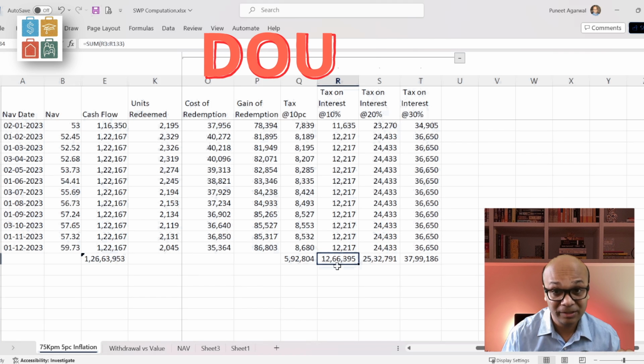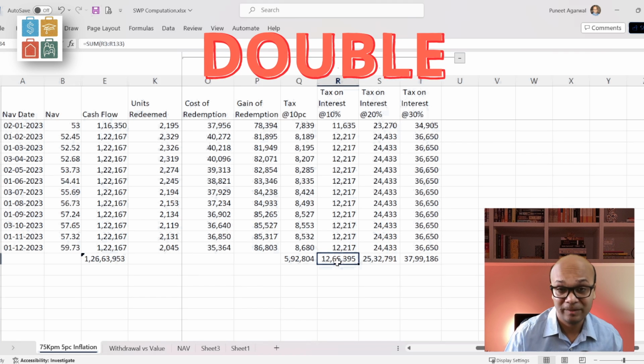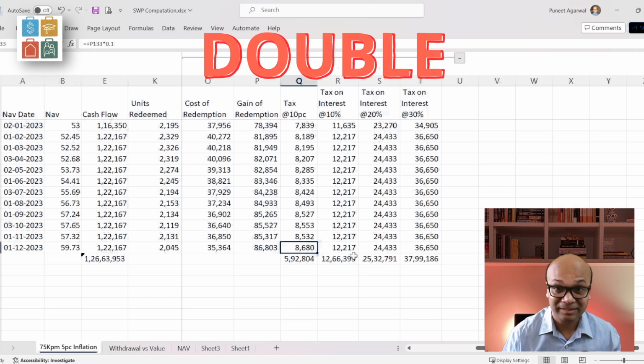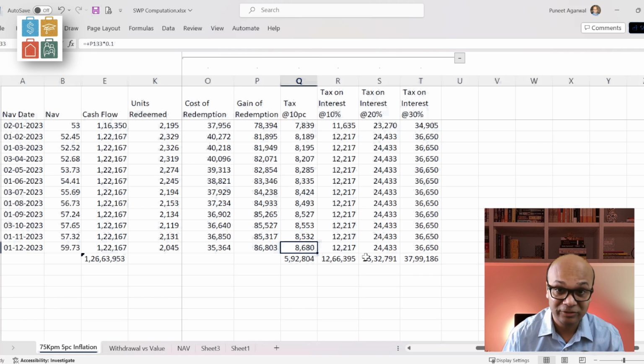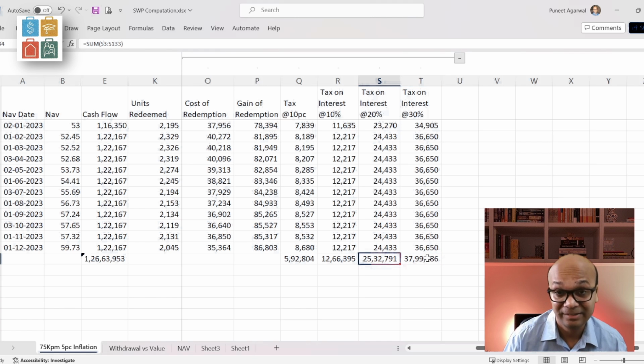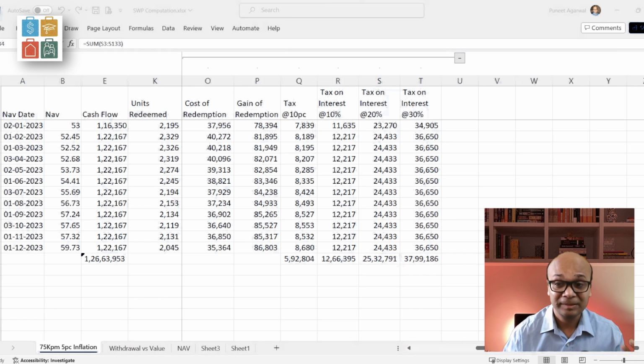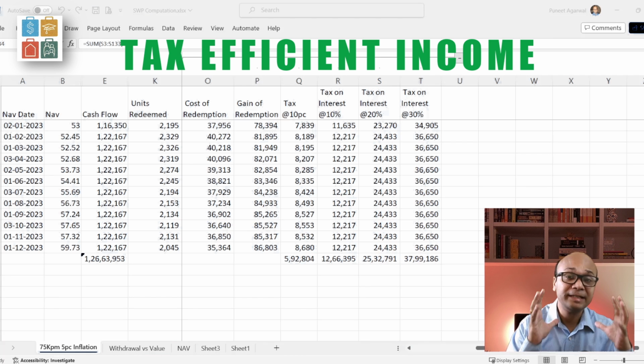It is double that of the SWP. But if we take one more step ahead, that 1.22 lakhs will push you close to the 30% tax slab. So if you were in the 20% or 30% tax slabs, your tax payouts would be 25 lakhs and 37 or 38 lakhs respectively.